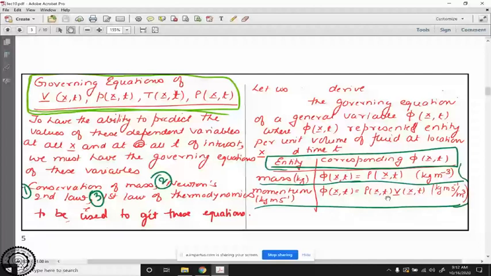So that will be rho times v. Rho at (x,t) times v at (x,t) will give me phi(x,t) for entity momentum. And in this case, the SI units are kg meter per second per meter cube. So for every entity, we have a corresponding entity per unit volume, phi.